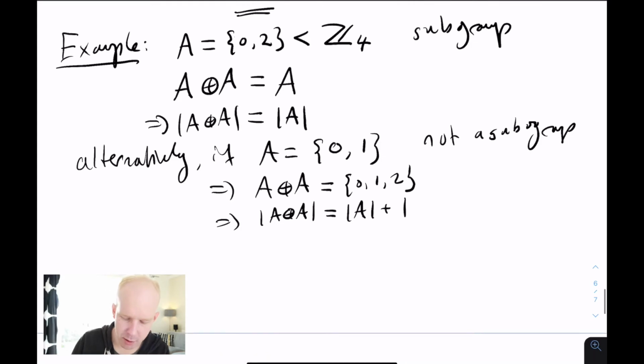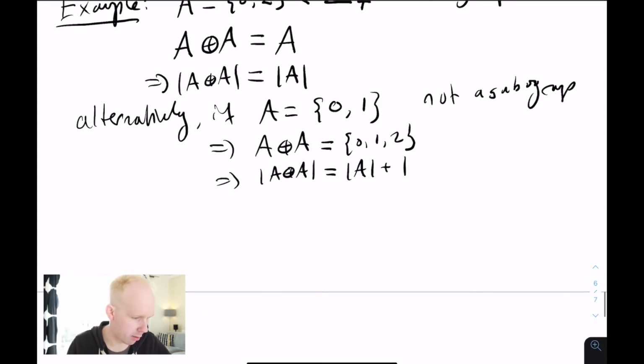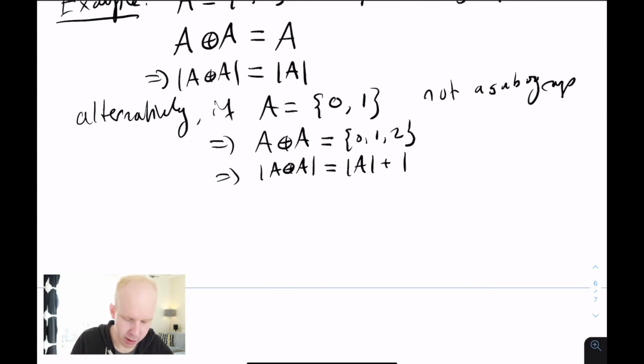So one other property which I could mention is the lower bound, called the Cauchy-Davenport inequality.